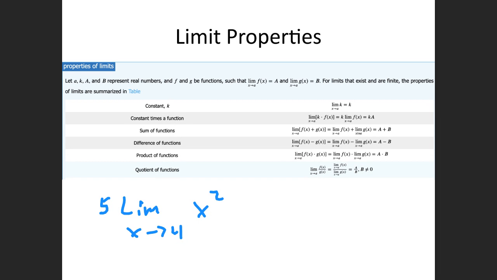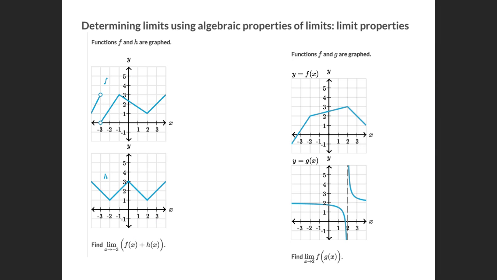If you're multiplying or adding, subtracting, you can add limits, you can subtract limits, you can multiply limits, does not matter. So if I gave you a problem like this, and it said functions f and h are graphed, then they want you to find the limit as x approaches -3 of f of x plus h of x. Okay, well, here's f of x.